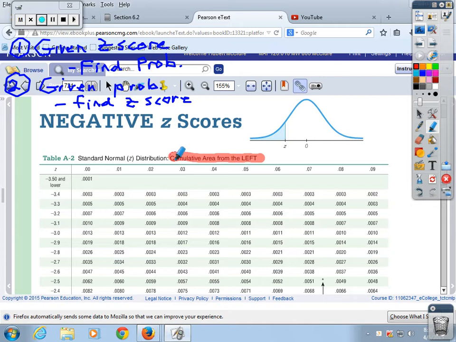Everybody highlight that right there. Because in your table, on the negative z-score and positive z-score table, all the areas that you're looking up are from the what side? Left side. Well, that means less than. As I told you, left means less than, right? Left means less than.